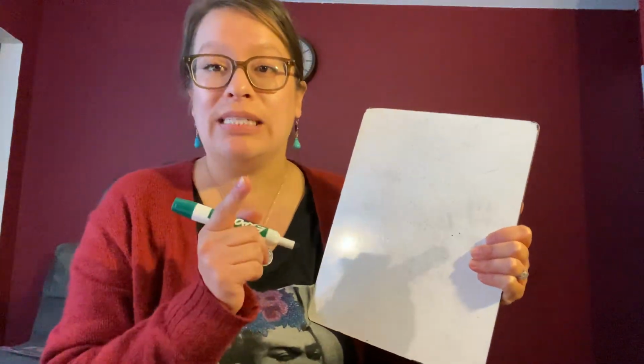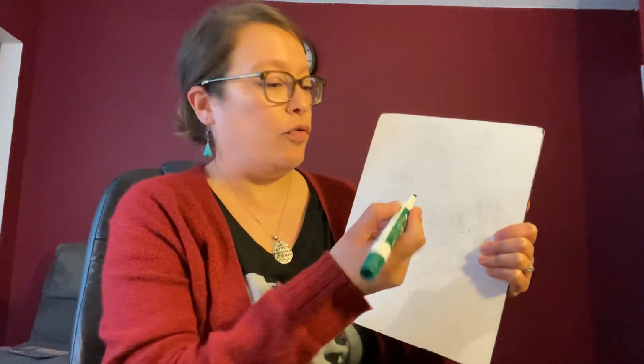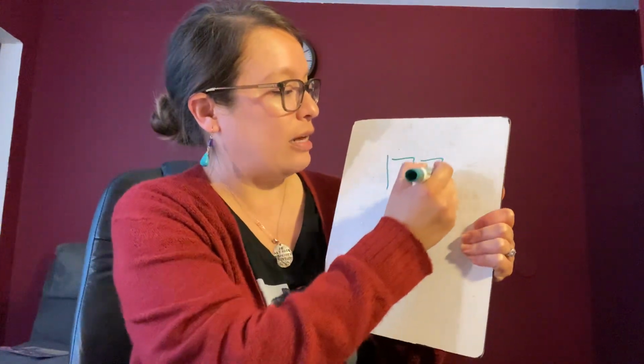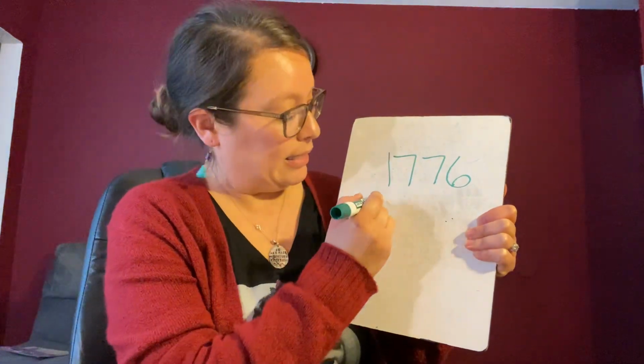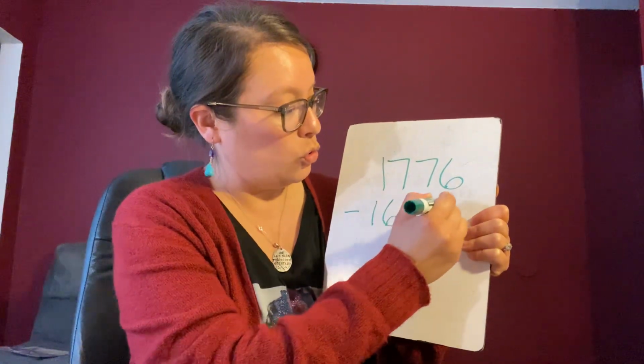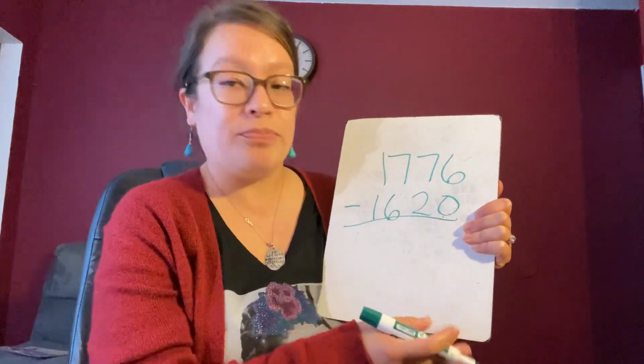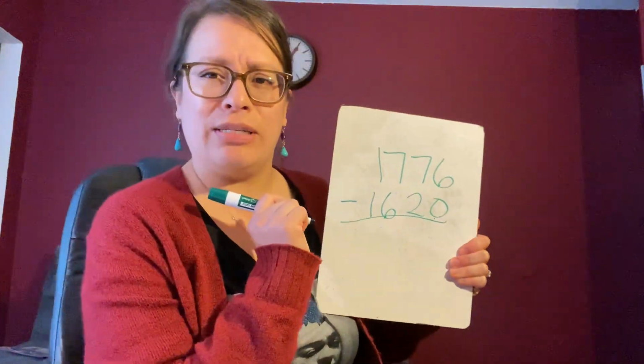All right, so let's do this subtraction problem together. 1776 and 1620. The number that goes on the top is always the higher number. So 1776 minus 1620. Can you see that? Okay.